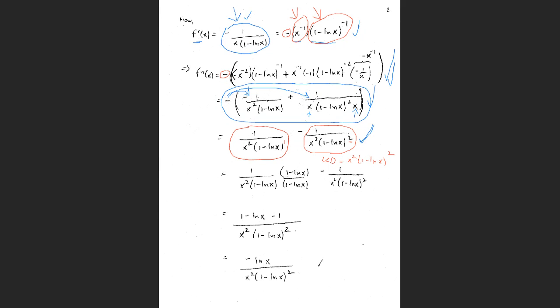So, I'll multiply then the first expression by 1 minus the log of x over 1 minus the log of x. And then the second expression just stays, that already has the common denominator there.